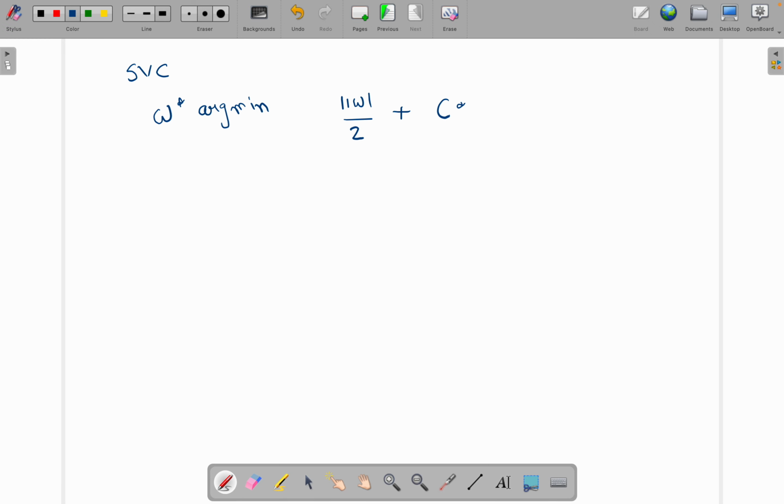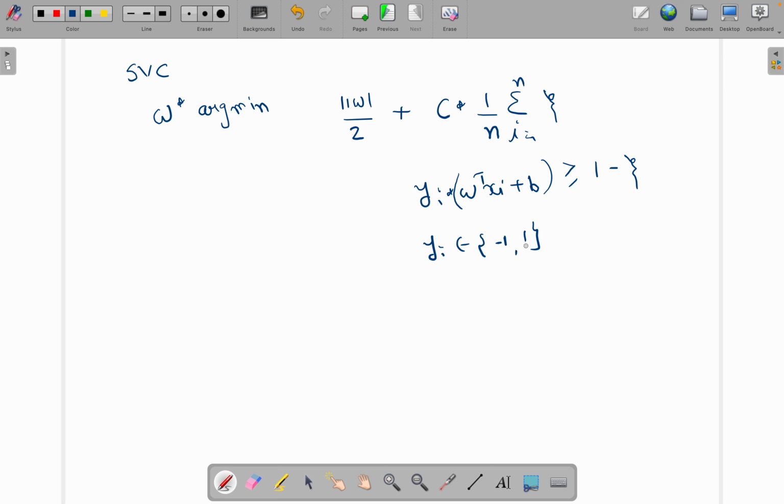And our constraint was yi into (W transpose xi plus b) would be greater or equal to 1 minus eta, where yi belongs to minus 1 or 1. In binary classification, our y could be minus 1 or 1. So this was our optimization problem.